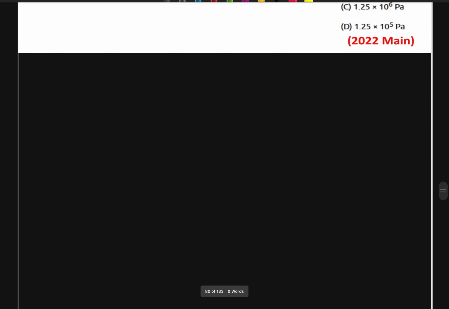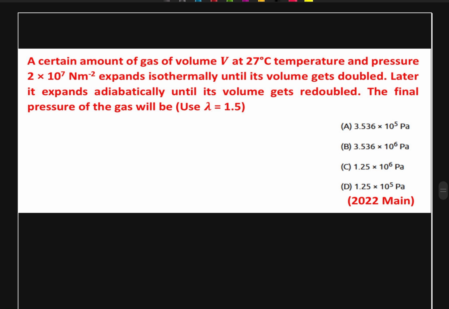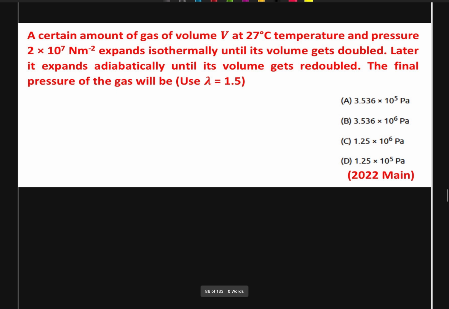Next question. It states that a certain amount of gas of volume V at 27 degrees centigrade temperature and pressure 2 into 10 to the power 7 expands isothermally until its volume gets doubled.